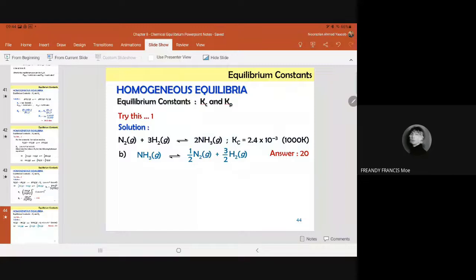Dah nak betul dah. Siapa yang dapat 0.049 dan 0.05, you are thinking along the right track. It's just that kamu perasan tak equation dia terbalik ni. Kalau equation asal, N2 plus H2 jadi produk. Kalau yang ini, dia terbalik.